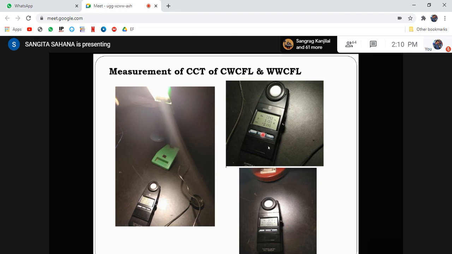And we can see this 7393 lux, that is the amount of light falling over the sensor. And the 0.145 or 0.025, these are other color parameters which are not required here. So we have to write down only the value of the CCT. You have to repeat the process for the other three lamps also.